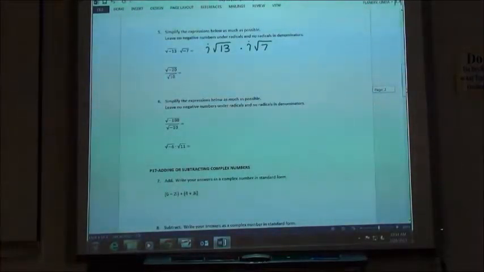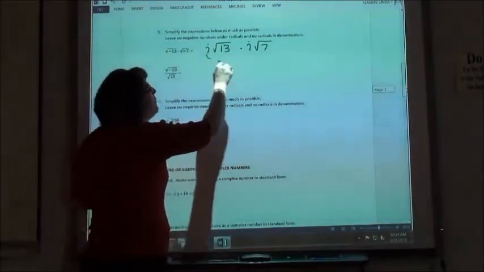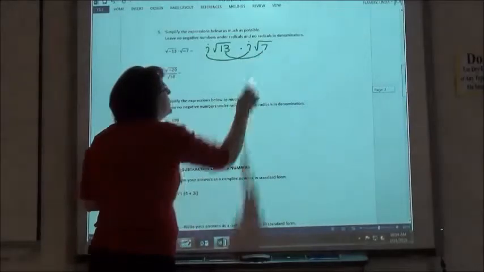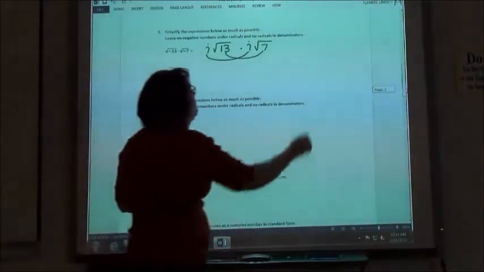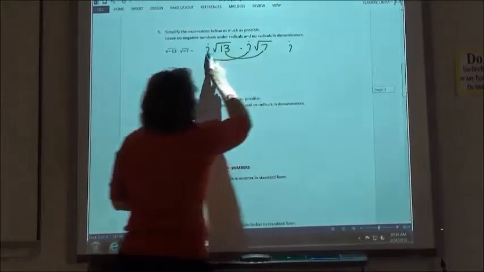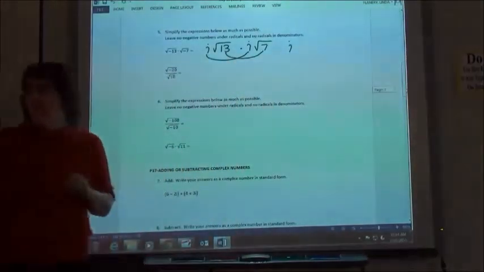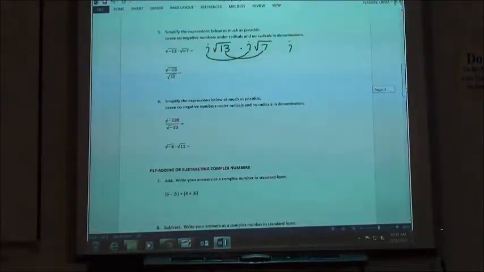So now we're going to multiply those together. Remembering when we multiplied with square roots, we did the front parts together and the square roots together. So i times i would be i squared, just like an x times an x is x to the second power, right?